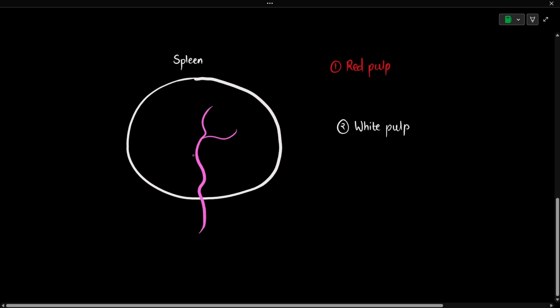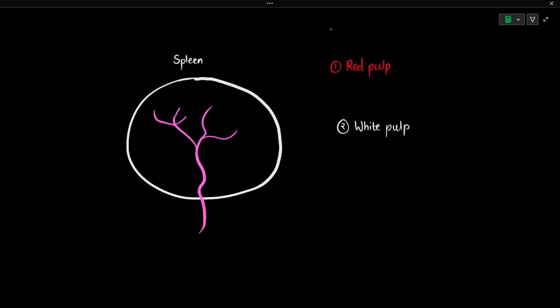Okay, so this is the splenic artery, and there will be the vein as well. The vein is going to take all of the deoxygenated blood from the spleen to the heart. That's the job of the vein. So this is the splenic vein and the splenic artery in the cross section of the spleen.